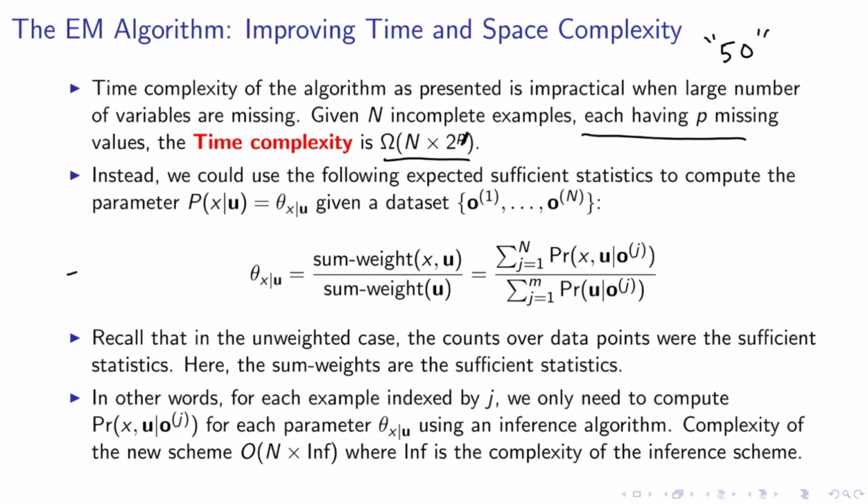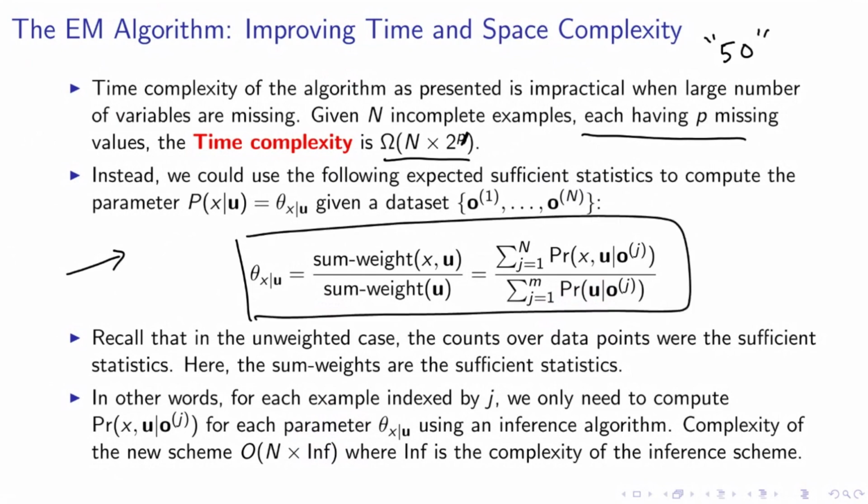The good news is that we can often improve the time complexity of the EM algorithm by computing expected sufficient statistics for each parameter, which are given in the equation on the slide. So let us say that you want to compute the expected sufficient statistic of the parameter x given u, right?